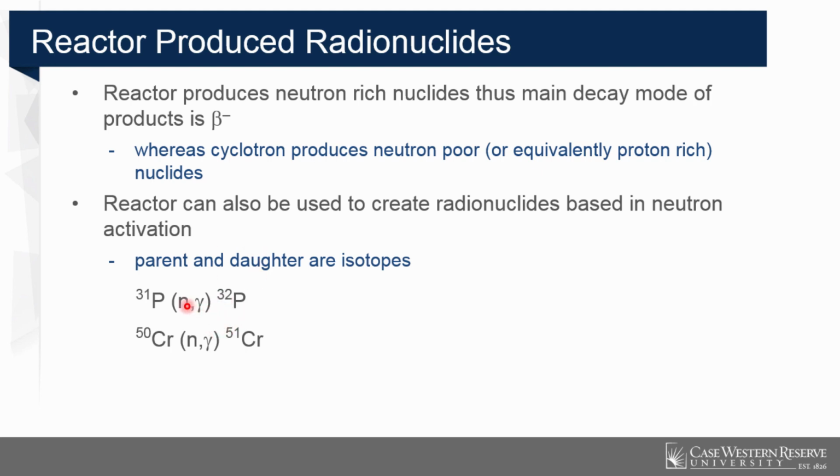So one neutron goes into the nucleus, the Z number is the same, so it's still phosphorus, but it is radioactive now. So is chromium from 50 to 51. One neutron comes into the nucleus, it becomes chromium-51, and it emits gamma.